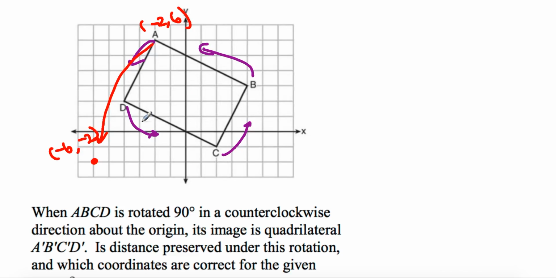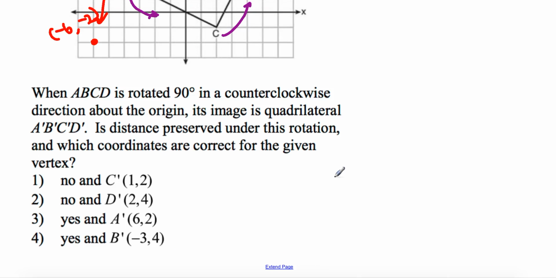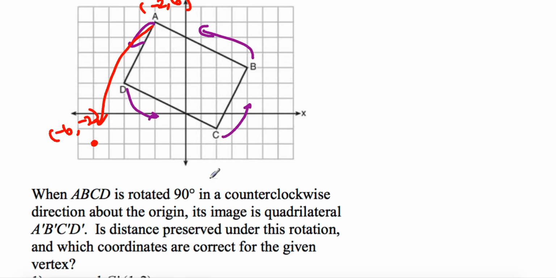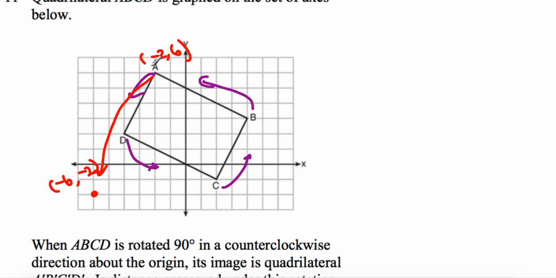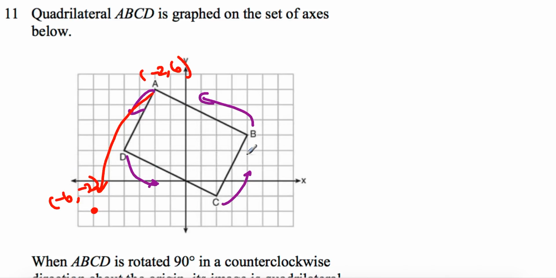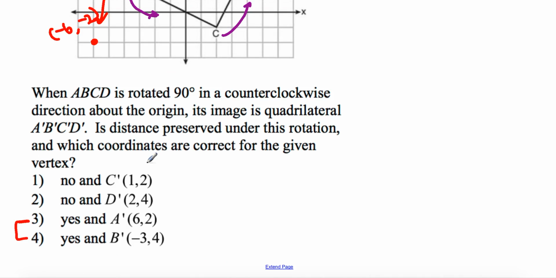Now, if I look at the choices here, is distance preserved? The answer is yes. But when you try to get the 90 degrees, you switch the x and y values, and whatever used to be y now becomes x with a negative sign. So what are some other points here?